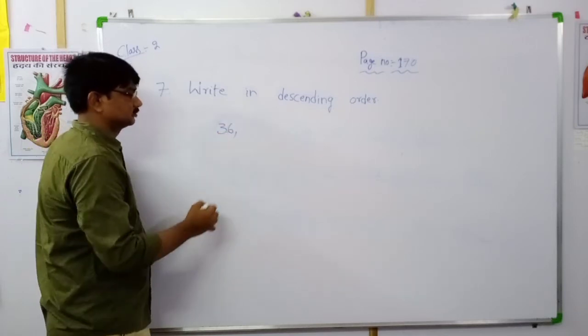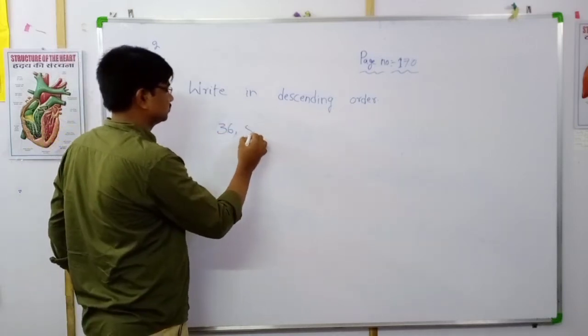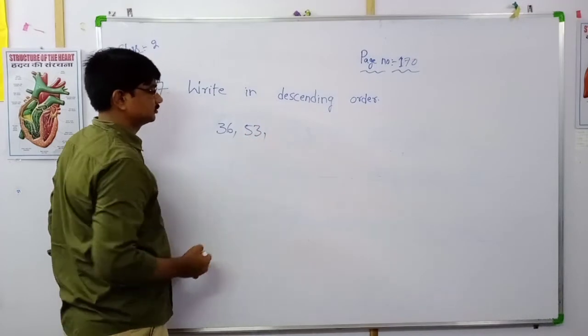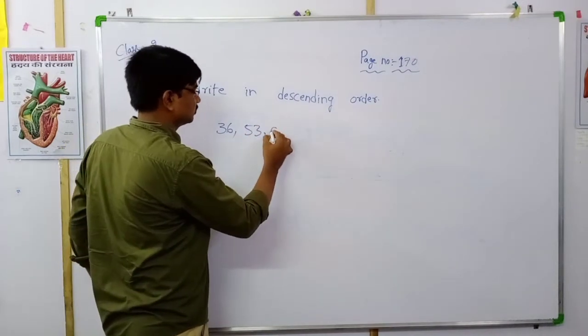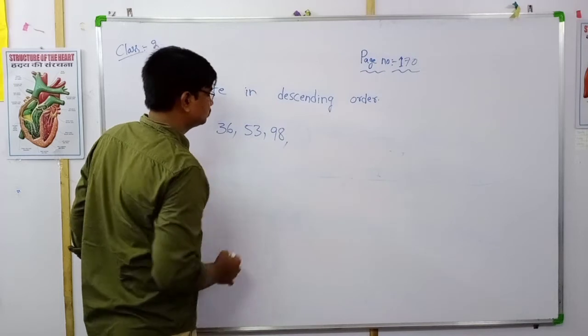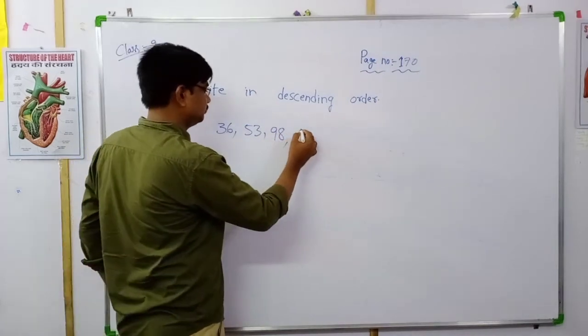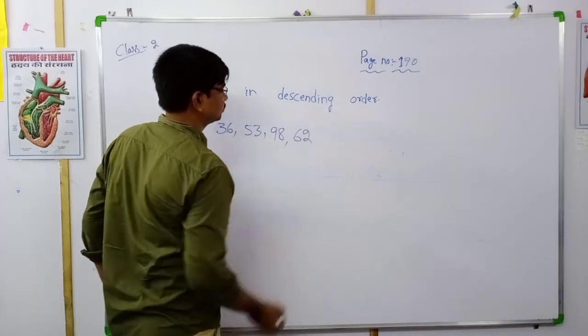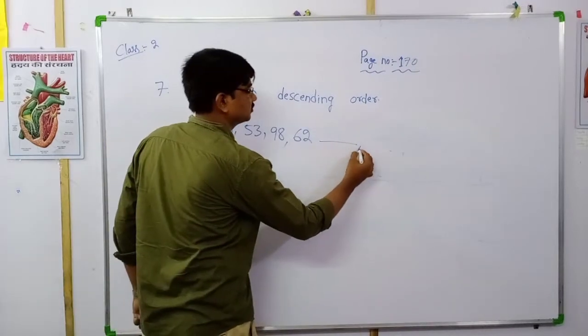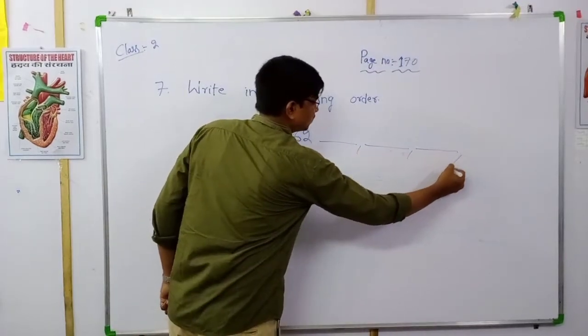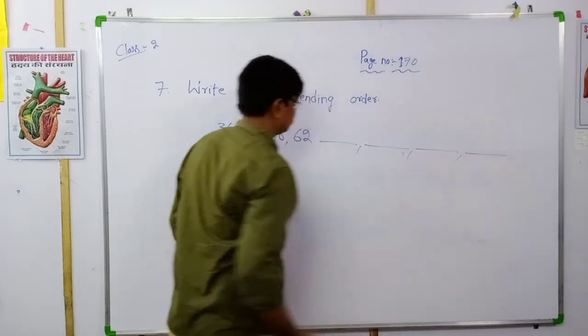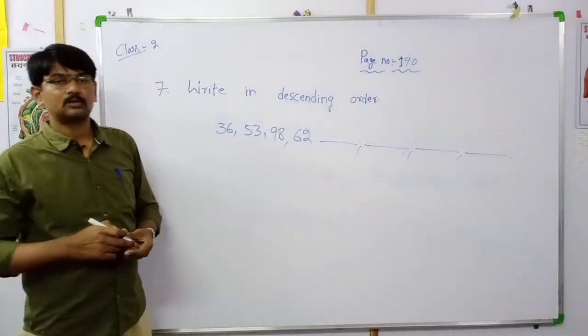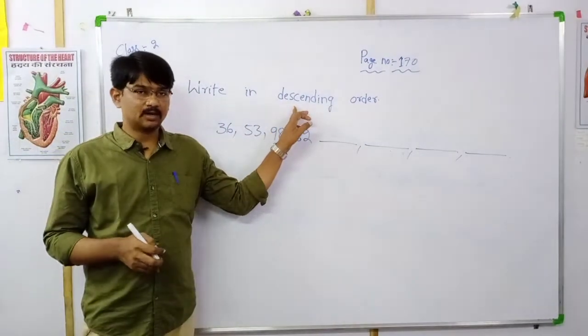36, 53, 98, 62. 1, 2, 3, 4. This is descending order.